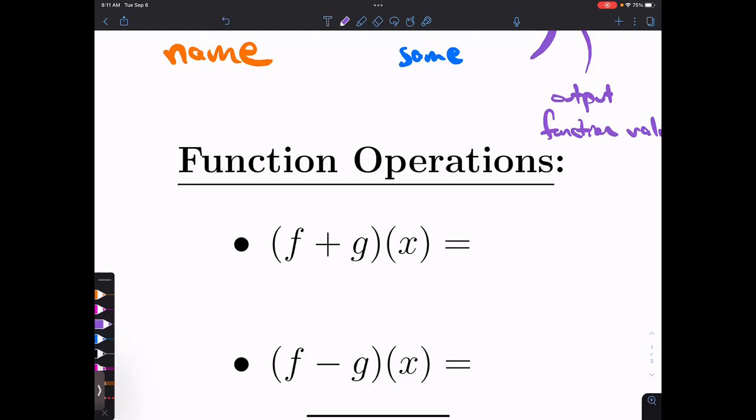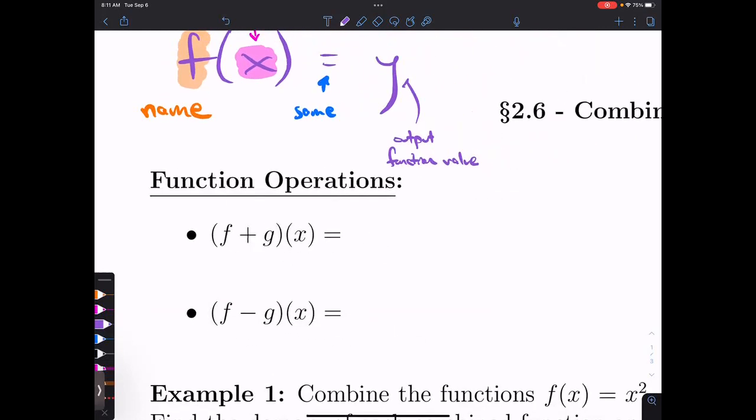So defining these, they pretty much do what they look like they're going to do. Now we're making a new thing out of 2 things we already have, right? So I've got a function f, I've got a function g. I'm making a new thing that's called f plus g, right?